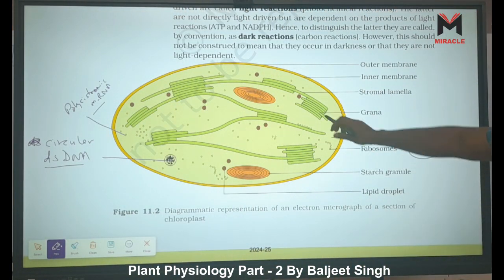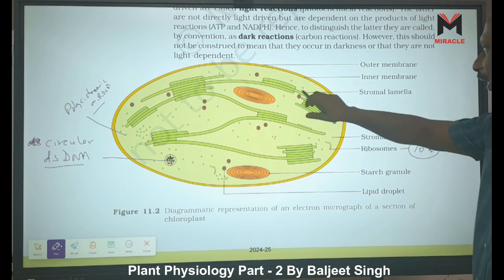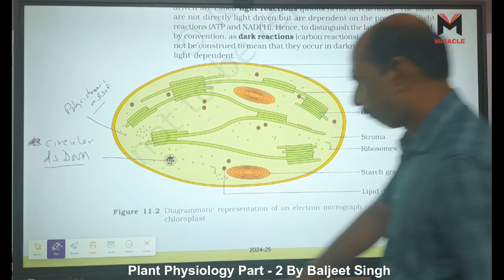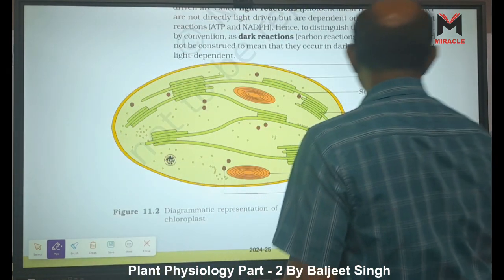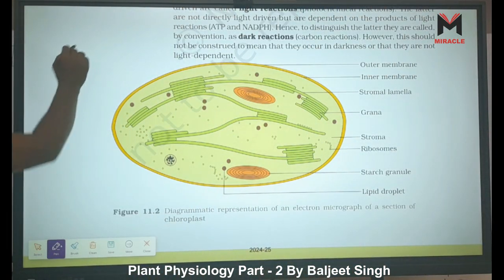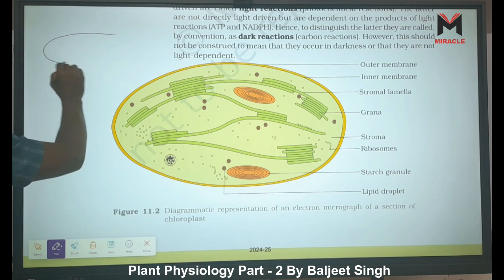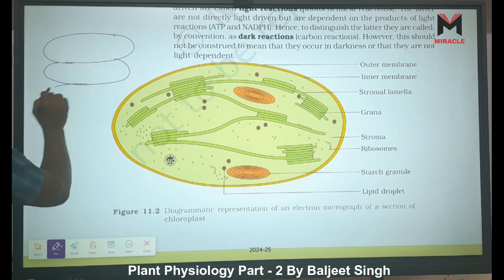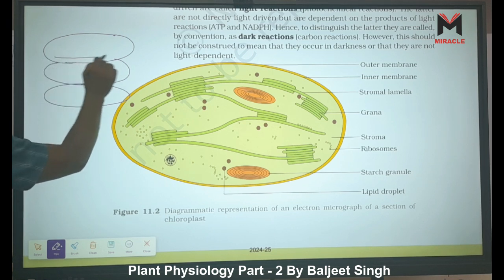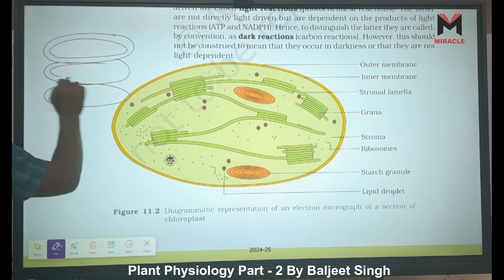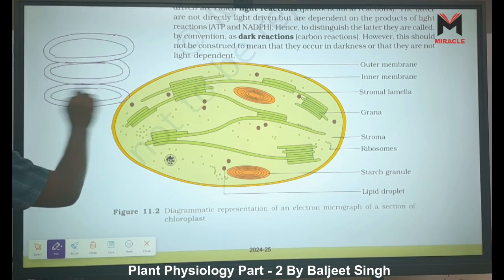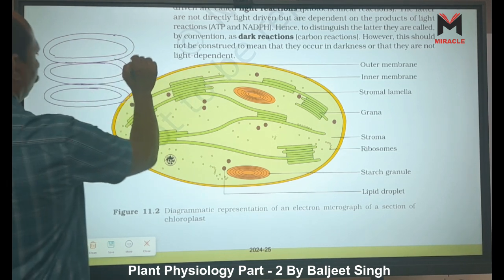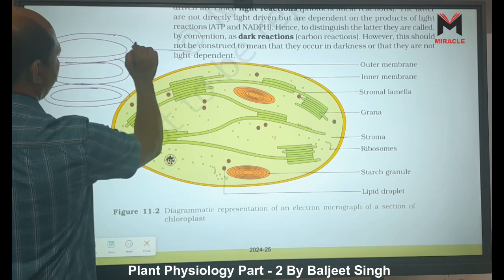Now look here, grana and stroma. Two things are given here: the stroma lamella and the grana lamella.